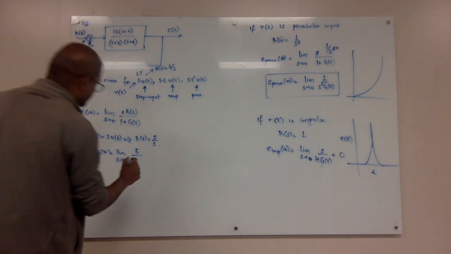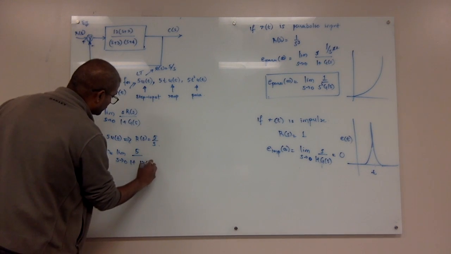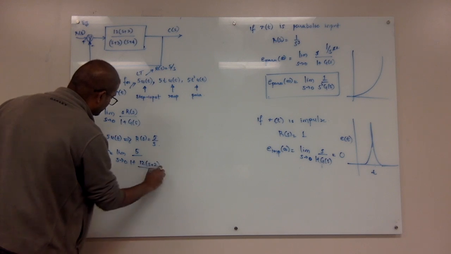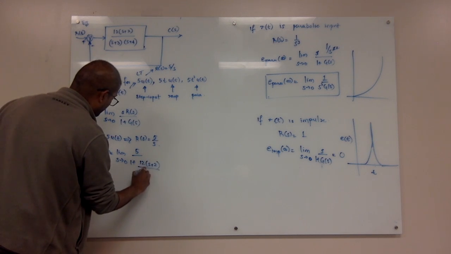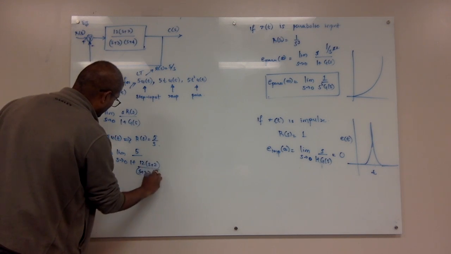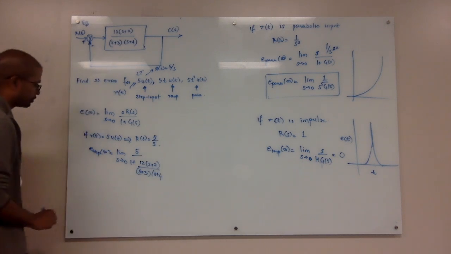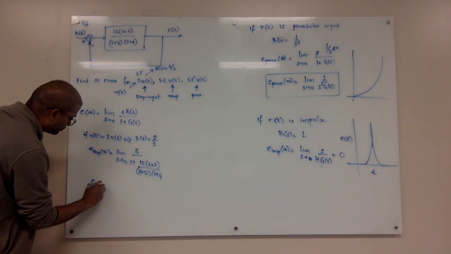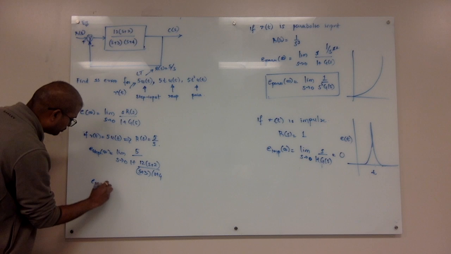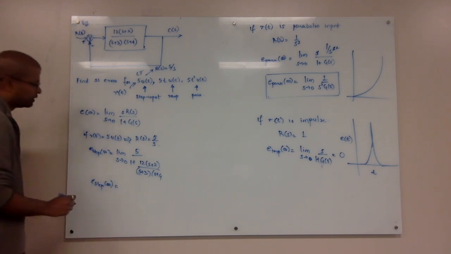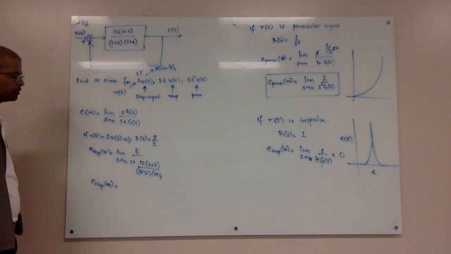Okay, so here it is 12 over S plus 2, S plus 3, S plus 4. What is E step? You just have to substitute S equal to 0.